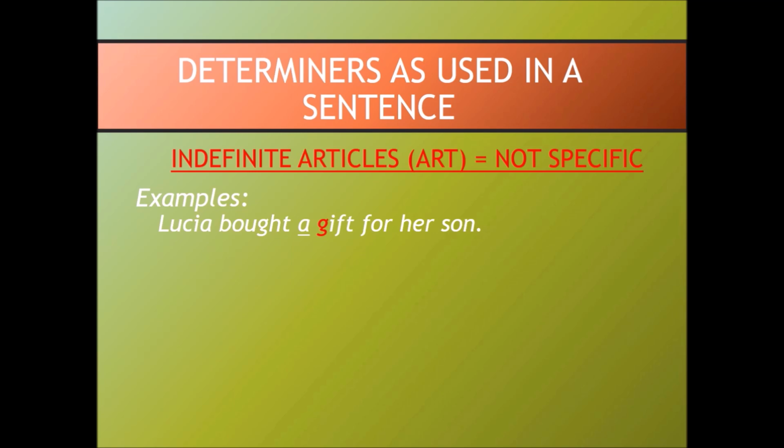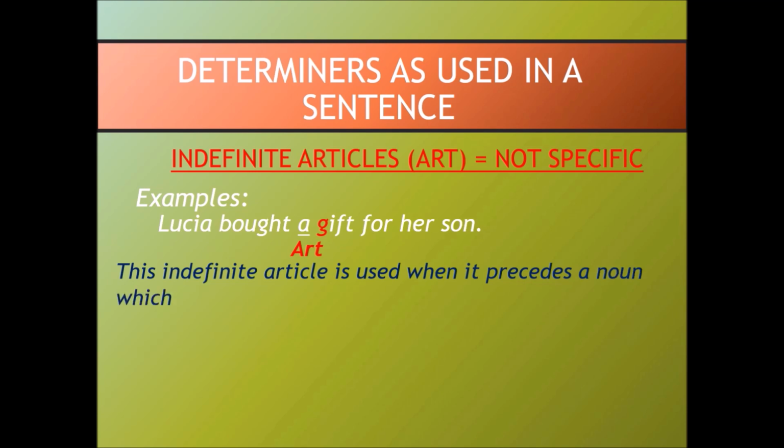This indefinite article is used when it precedes a noun which starts with a consonant and in a singular form. Here the noun that it follows is gift and it starts with letter G. So therefore we use a as an article.